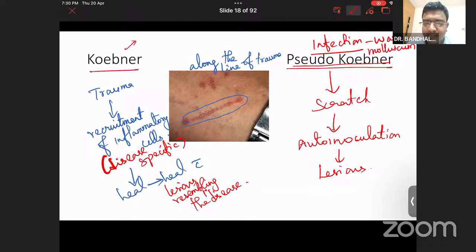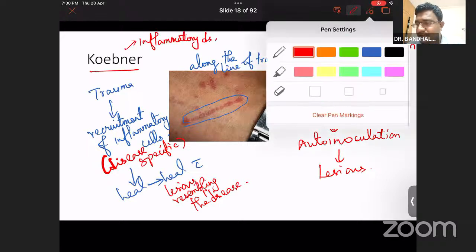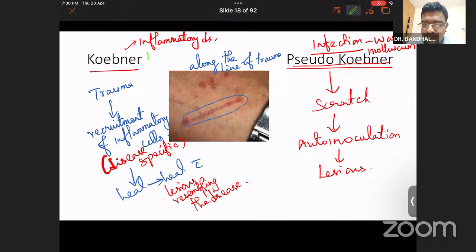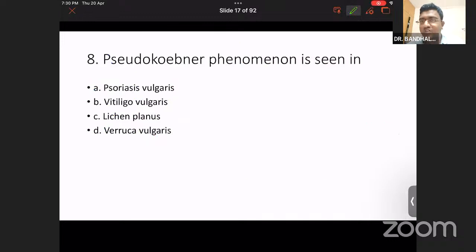Koebner is seen in inflammatory conditions, inflammatory diseases. Something like psoriasis, LP, vitiligo, etc. So now we can answer this question. Pseudo-Koebner is seen in infections. So the option here is verruca vulgaris, which is an infectious wart.